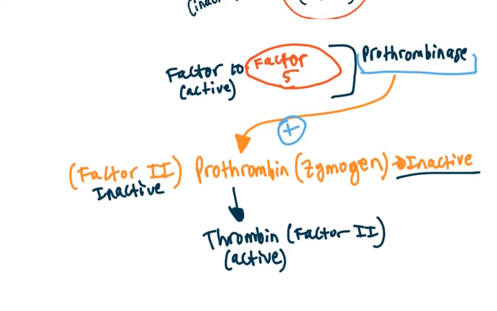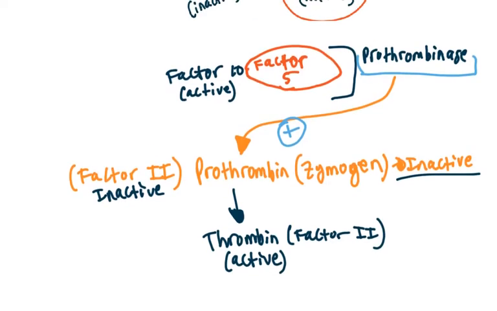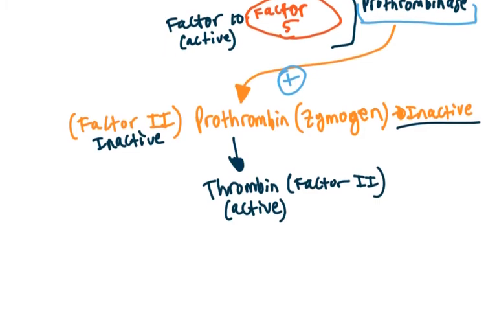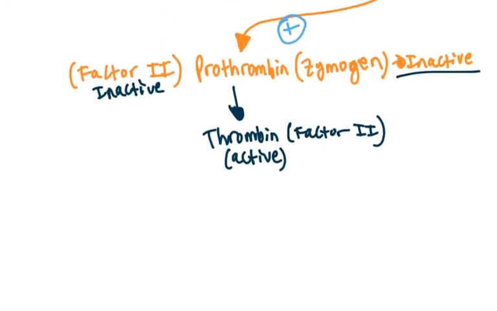Now what happens next in the common pathway? Now that we have thrombin, there are many things that thrombin will do. Thrombin is awesome. First, thrombin will activate factor 1.